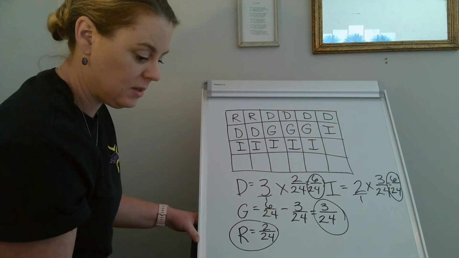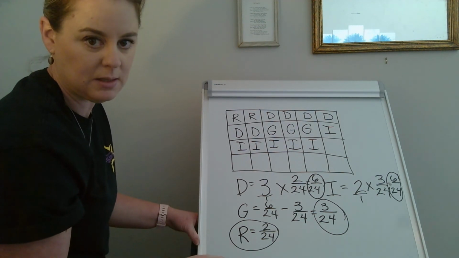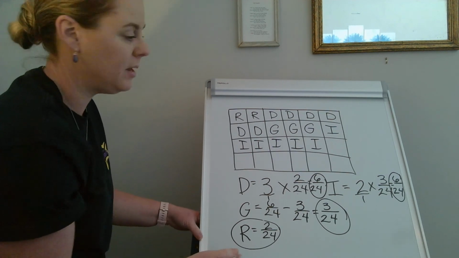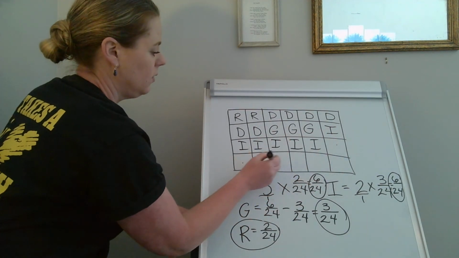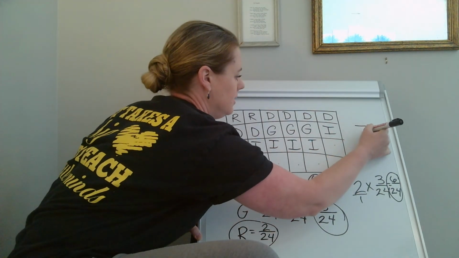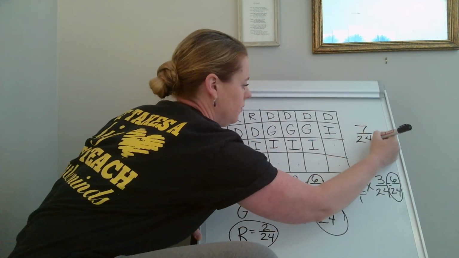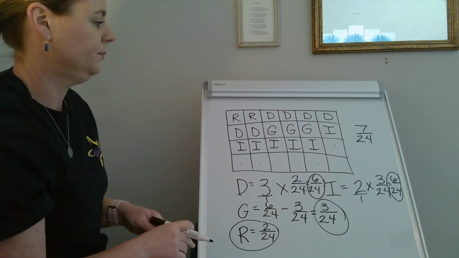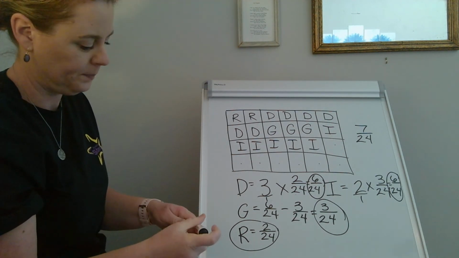And then the question is, what fraction still needs to be painted? So 1, 2, 3, 4, 5, 6, 7. So 7/24 still needs to be painted.